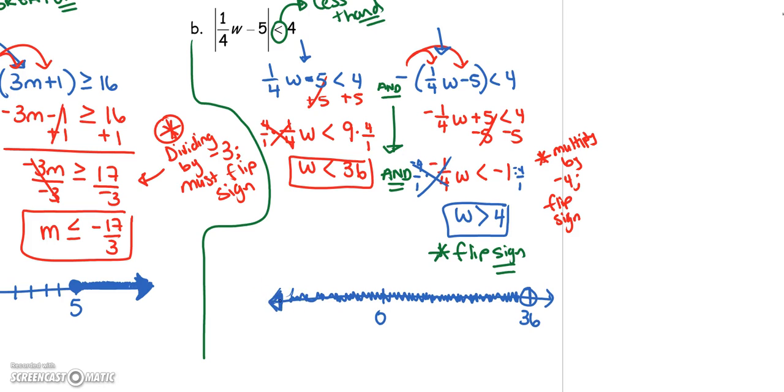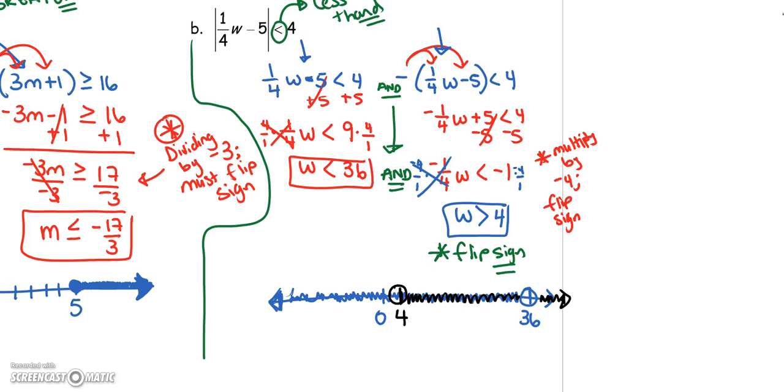All right, now let's go ahead and do the same thing for W is greater than 4. Well, I'm going to go to 4. So let's say 4 is right there. Once again, 4 is not part of the answer, so it's an open circle. And anything greater than 4 would actually move towards the right of the number line, passing 36 and so on. So then the question becomes, well, where's the answer?